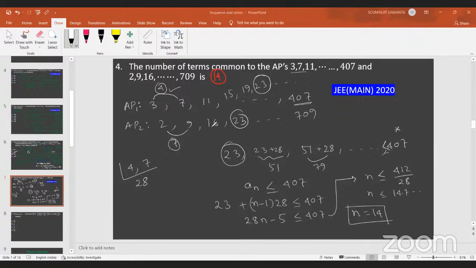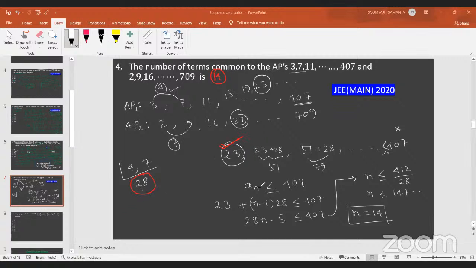First thing, we should find the common difference of each AP and take the LCM. That will become the common difference of the common terms. And then first find the first common term from the two APs. We should find it by finding the terms of each AP. Note down the first term, and then the common difference is known.